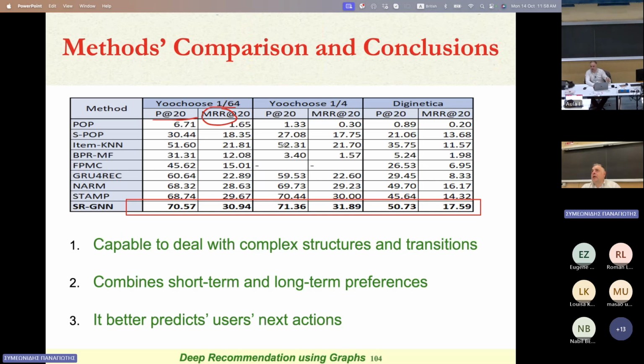The mean reciprocal rank is related to this: you have just one item which is interacted with, and you have 19 non-observed items in the recommended list, and you just want to see at which rank you predict the correct one. This is the mean reciprocal rank metric.